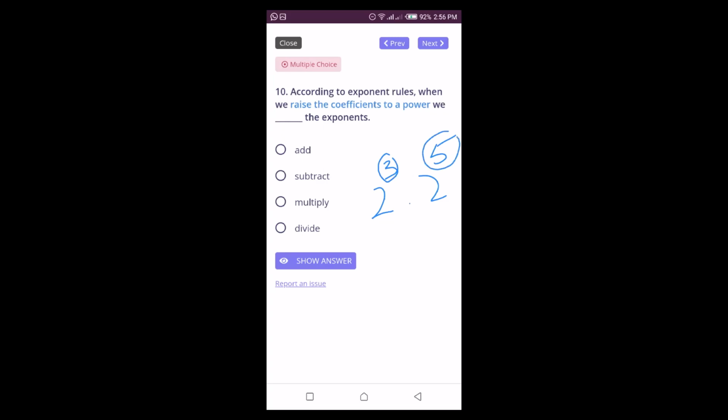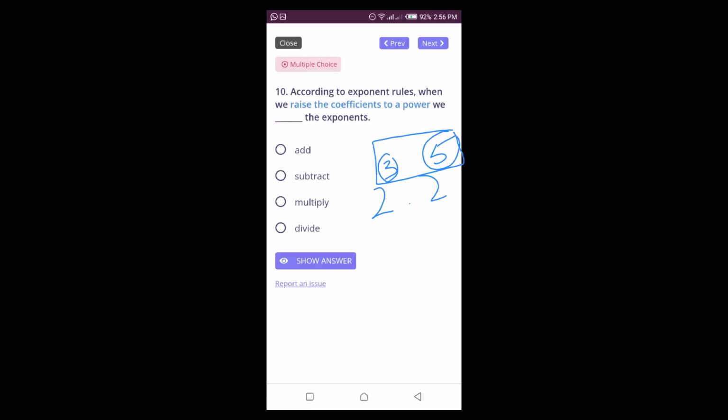What we are going to do, we're gonna add them, subtract, multiply, or divide. We're going to multiply them.